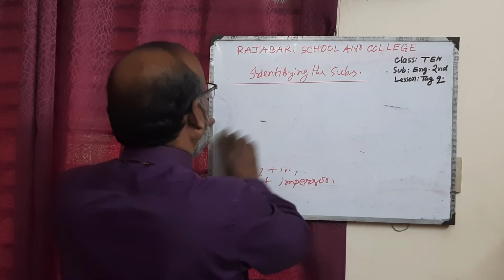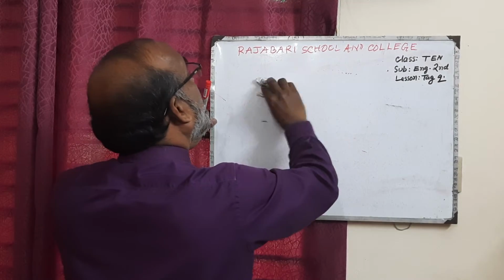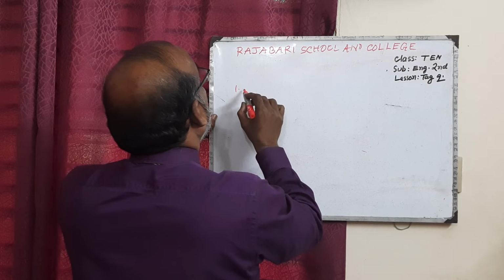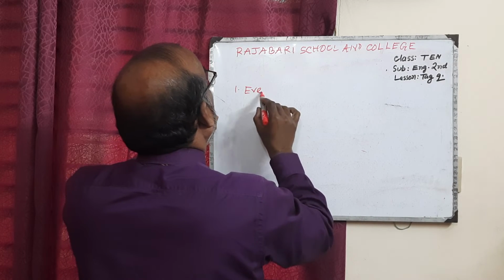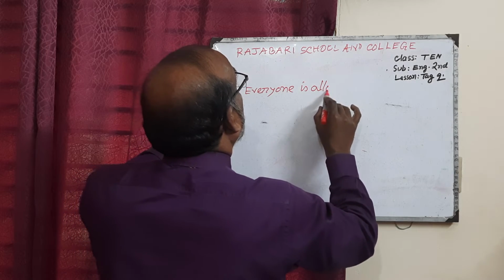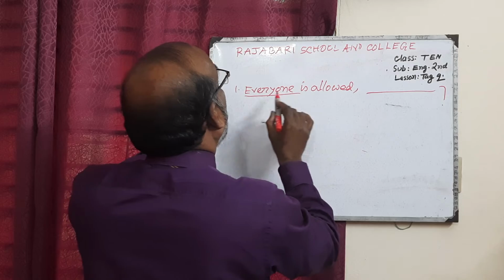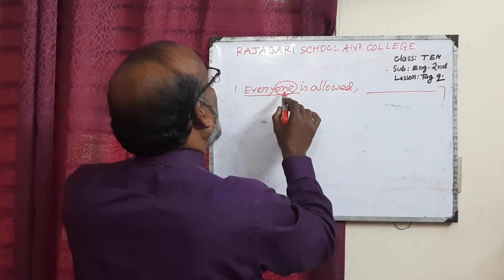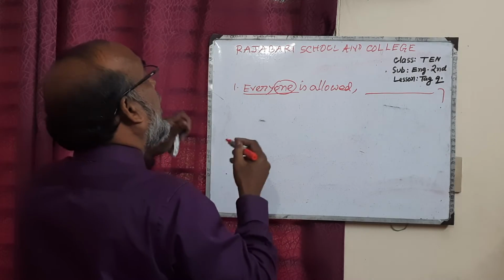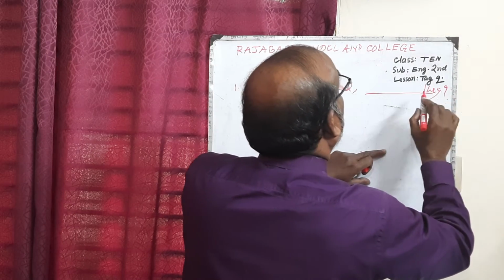Now I give some examples. Everyone is loud. Here you can see everyone, one after every. One means person, male or female. This is why here the subject will be they.